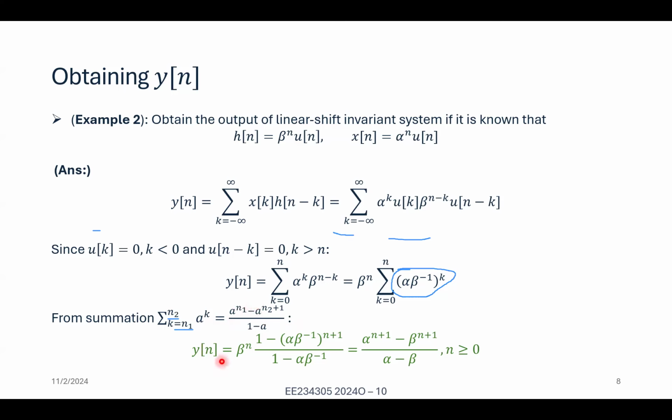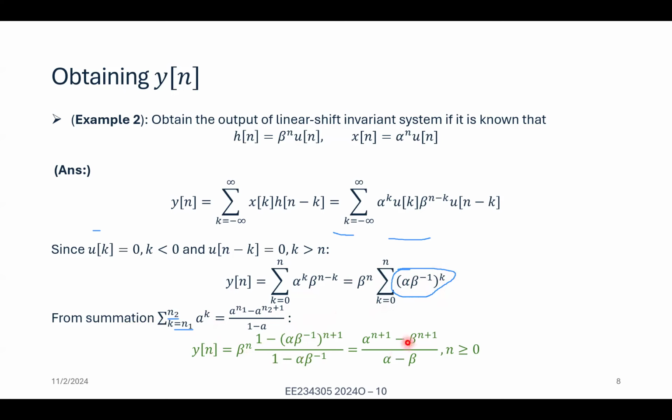Right, so now yn here, so beta n, we can pull this out. So this is 1 minus, since we have alpha over beta to the power of minus 1, k here is from 0 to n. So n1 here is 0. So a over b to the power of 0, which is 1, minus alpha over beta to the power of n plus 1, over 1 minus alpha over beta.